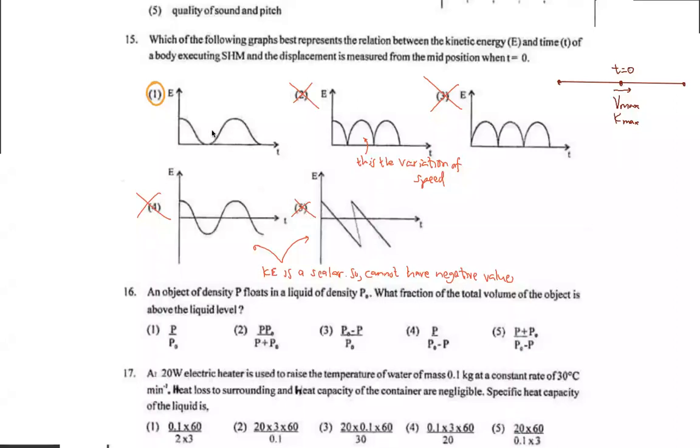Kinetic energy and potential energy graphs will be like this. I'll just draw the graphs. If you draw the graph for displacement x with time, and the graph is like this, then when you draw the graph for velocity with time, your graph will be like this.